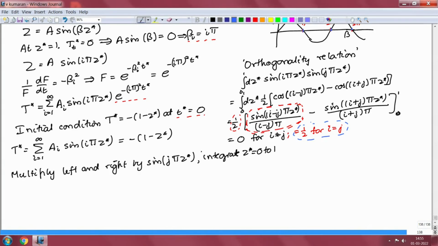So, this is often written as half times delta i j, where delta i j is what is called the Kronecker delta.